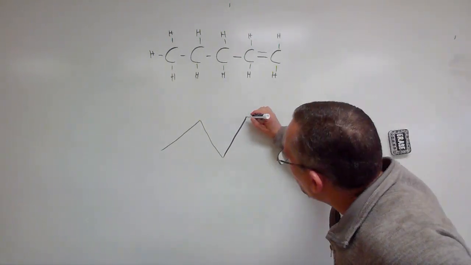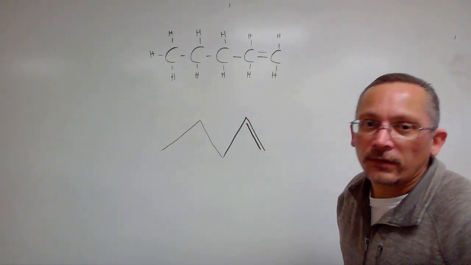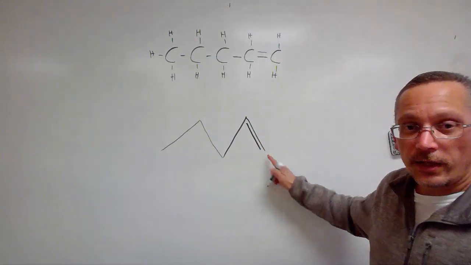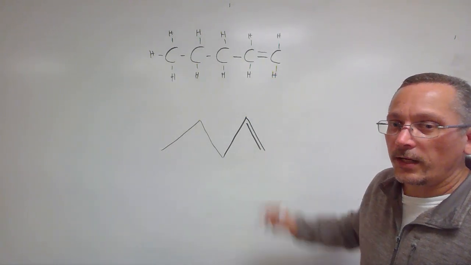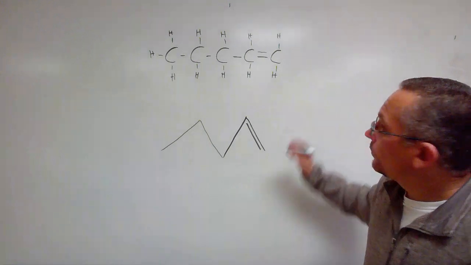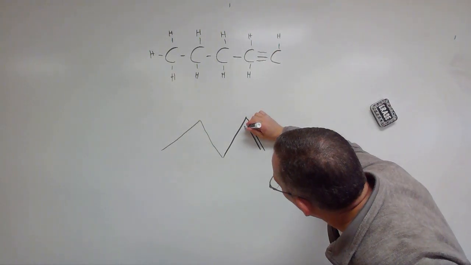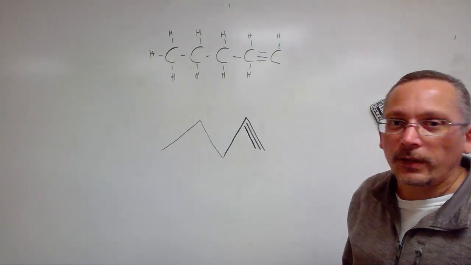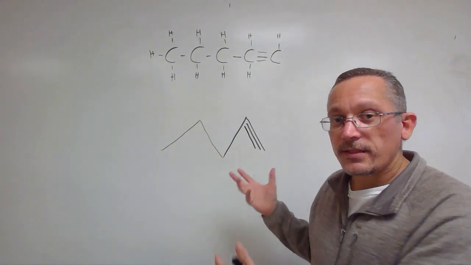See if I can make it a little bit better on the video. That's better. Okay, so we would draw like this, and that would tell us that this bond right here was a double bond, right? A triple bond, you draw a triple line, right? So kind of stripped down to its bare elements, that's a skeletal structure.